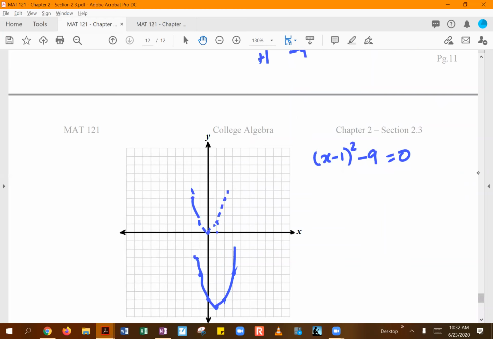Start by moving your 9 to the other side, and then you would take the square root. Let me see what answers you come up with for your x-intercepts here. So move that 9, and then you would need to do the square root. What answers do you come up with?